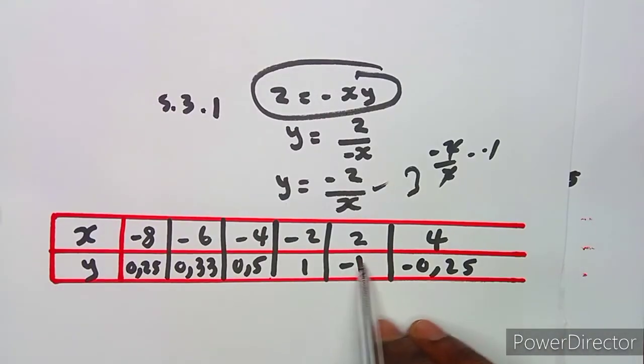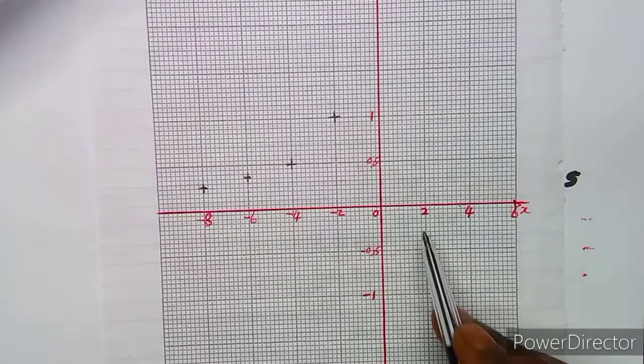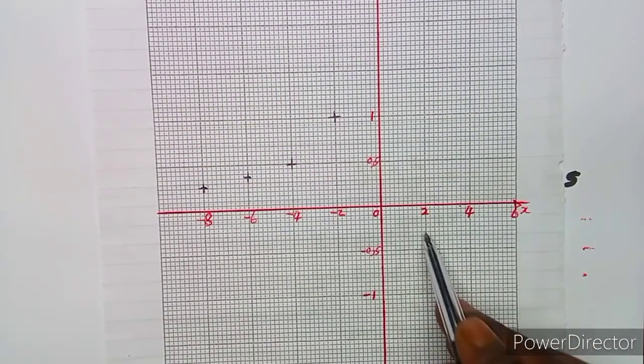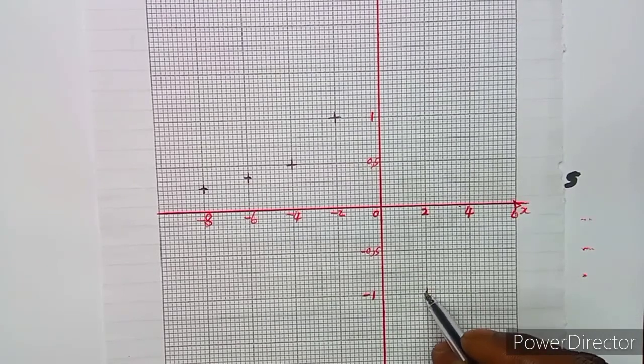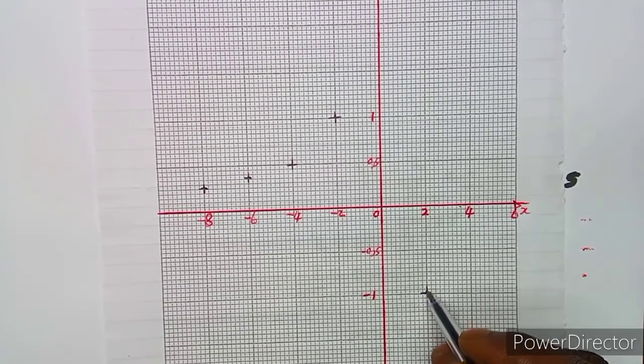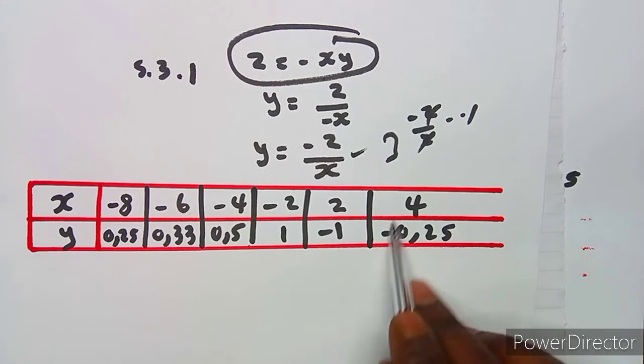We move on to another piece here, which is actually 2 and what? Minus 1. So it's positive 2 and minus 1 here. Positive 2 for x, y is minus 1, which is somewhere here. And then 4 and minus 0.25.